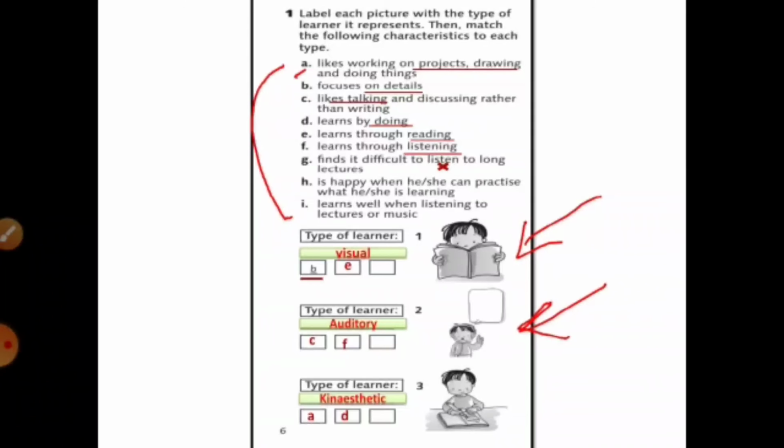Find it difficult صعب to listen to long lectures إذا we are talking about visual learner. Okay, متعلم البصري. Is happy when he or she can practice what he or she is learning. Practice ممارسة. We are talking about kinesthetic learner.